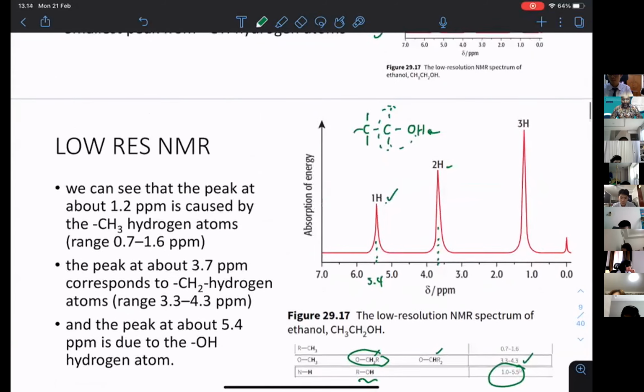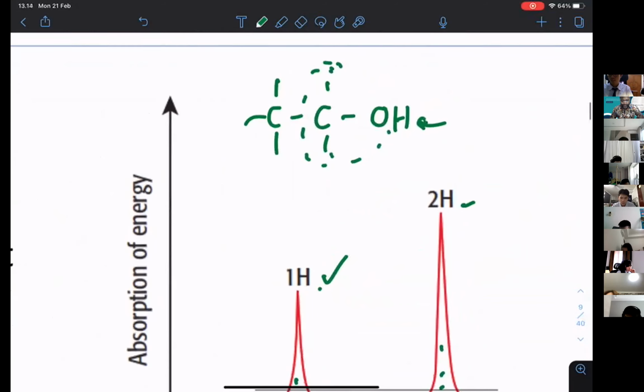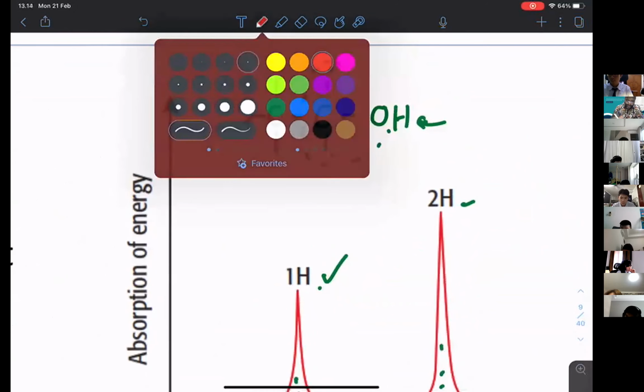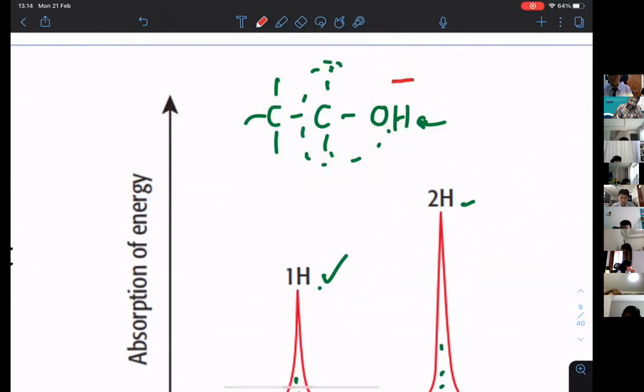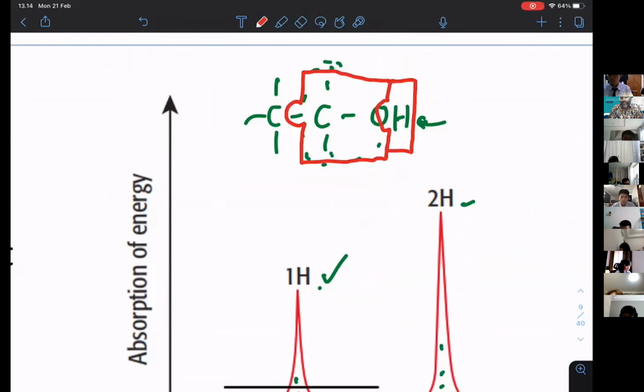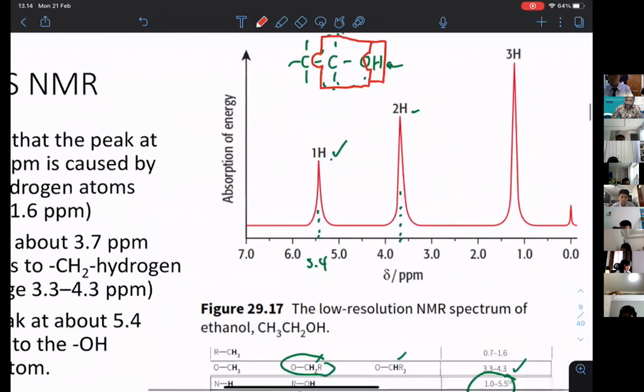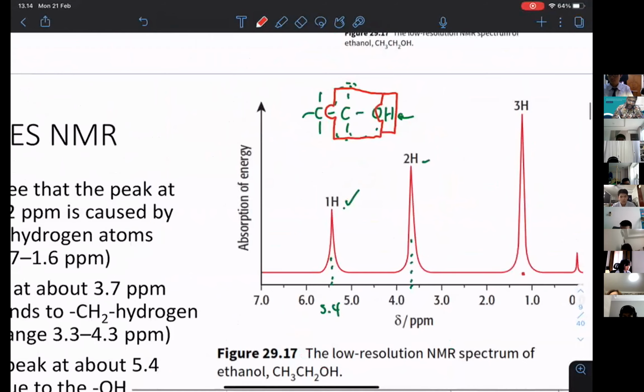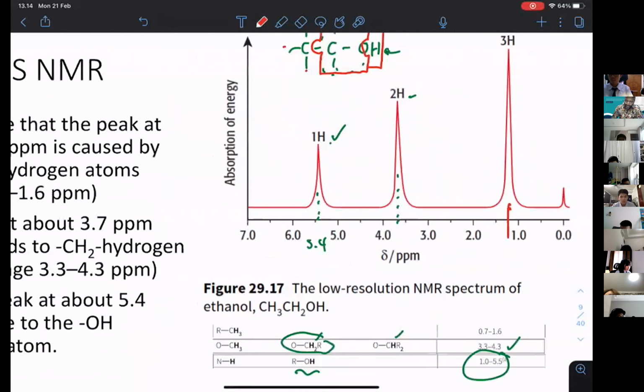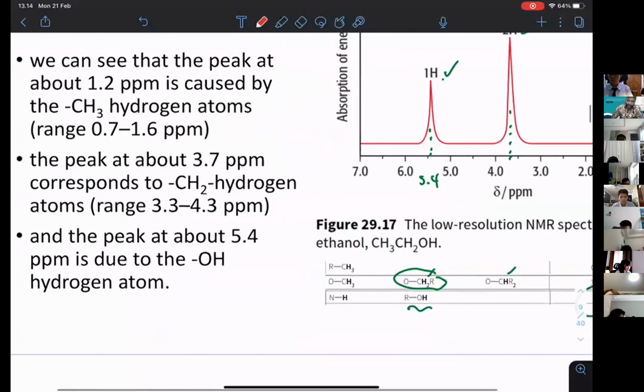Remember in the beginning itself, I told you it's like solving a jigsaw puzzle. First, you solve this particular puzzle. Second, you manage to find this puzzle piece. Third, you look into these 3 hydrogen, most likely this one. Let's see whether it's confirmed or not. If you look here, this is going to be at 1.2.